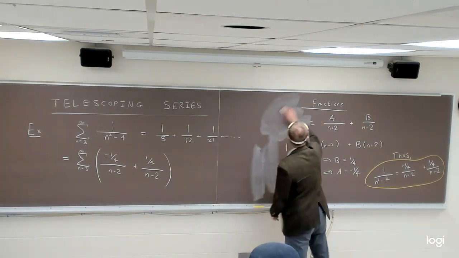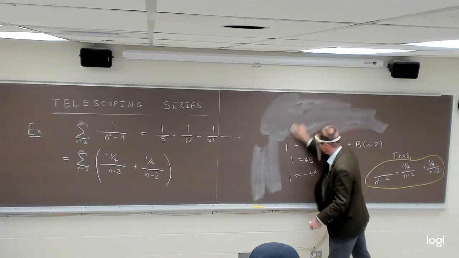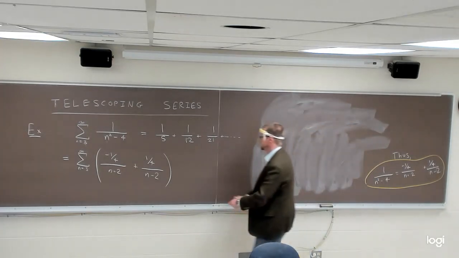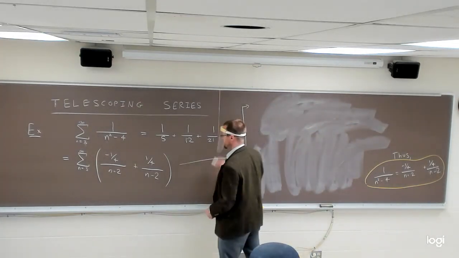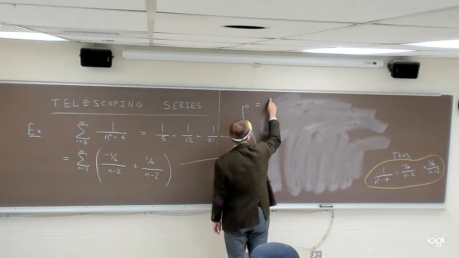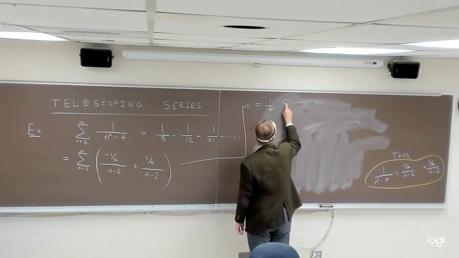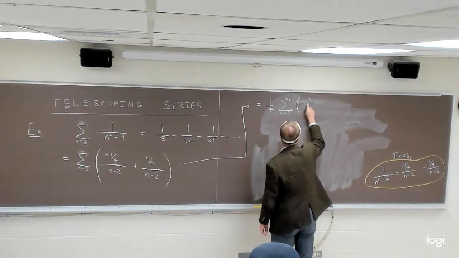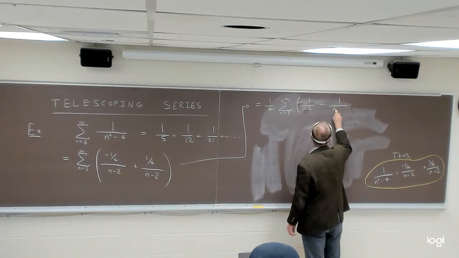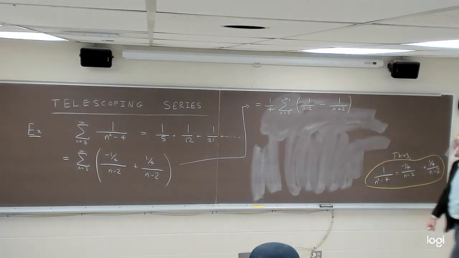But probably easiest to see if I write out the first few terms. I'm going to pull out the common factor of a fourth as a small step to simplify life. And I'll rewrite the order of the terms. So I'm doing 1 over n minus 2 minus 1 over n plus 2. So let's compute a few and see what the pattern is, right?